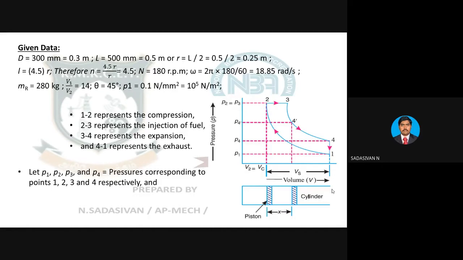We have 4 points on the four corners of this diagram, something that resembles the Otto cycle. The dotted line is extended to the y-axis and the pressures are represented there. Similarly, let V1, V2, V3, V4 be the volumes.